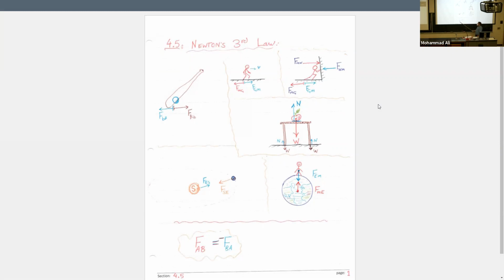So if we have two objects, A and B, and we have a force between them, which is an interaction force, then it is the same as the force between B and A, but with opposite direction.